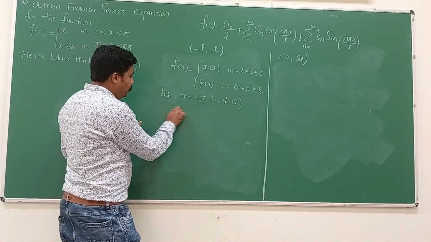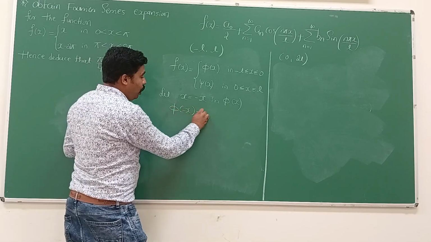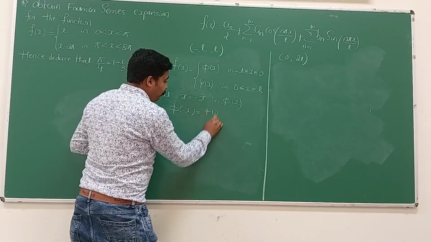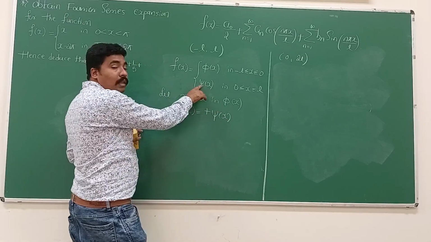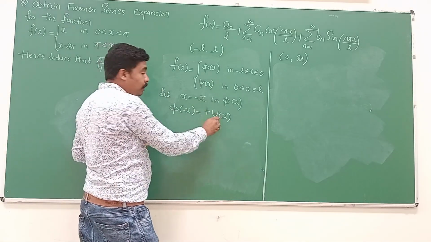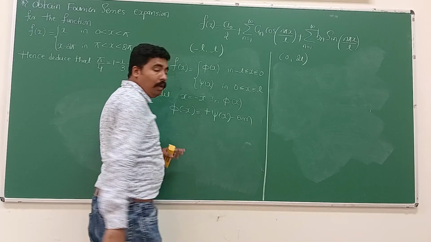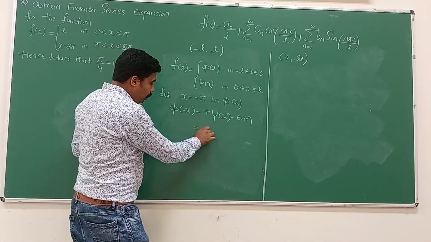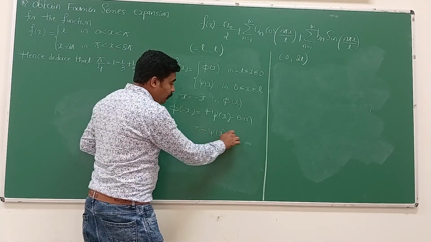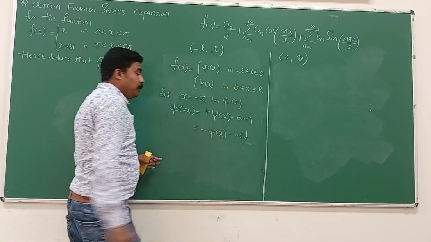If I am getting positive xi of x, another function, then this is called an even function. If I am getting negative xi of x, then that is called an odd function.